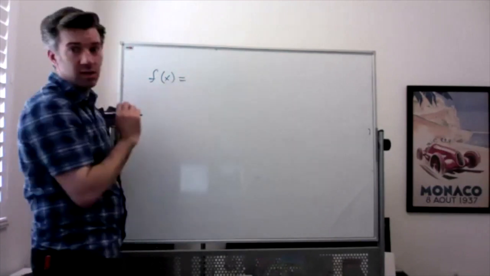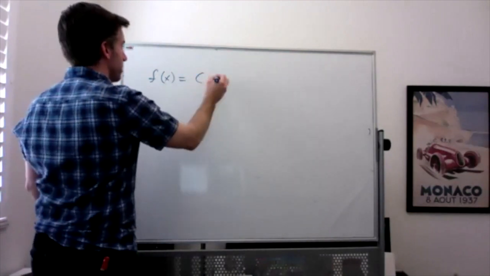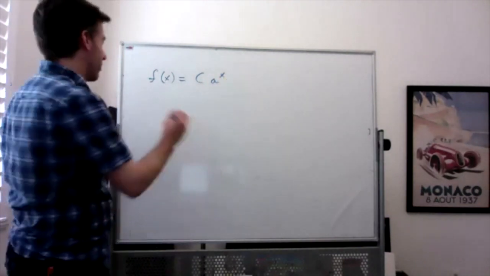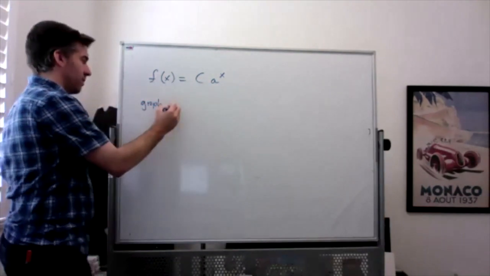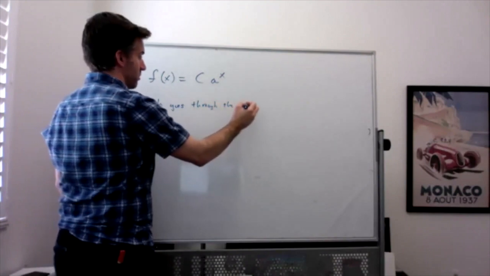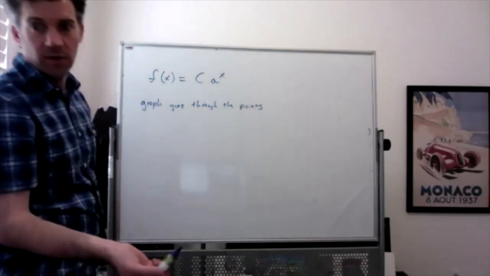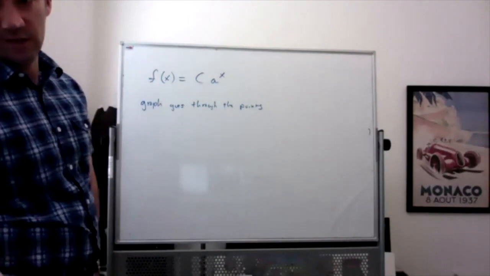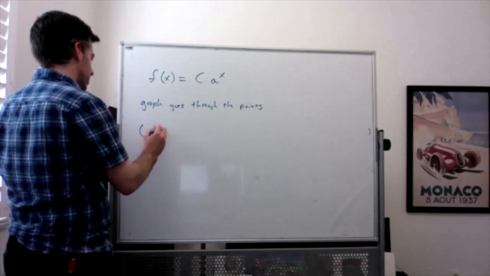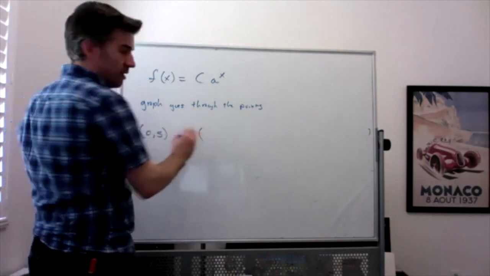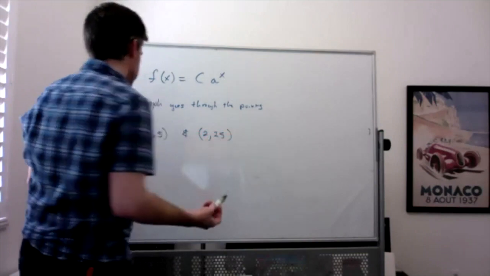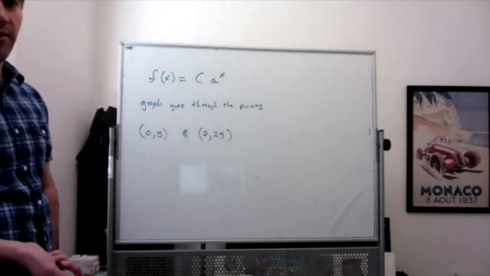They're giving you this function, clearly an exponential function, the way it's written, and the graph goes to the points zero, 5, and... yeah, this is too easy.